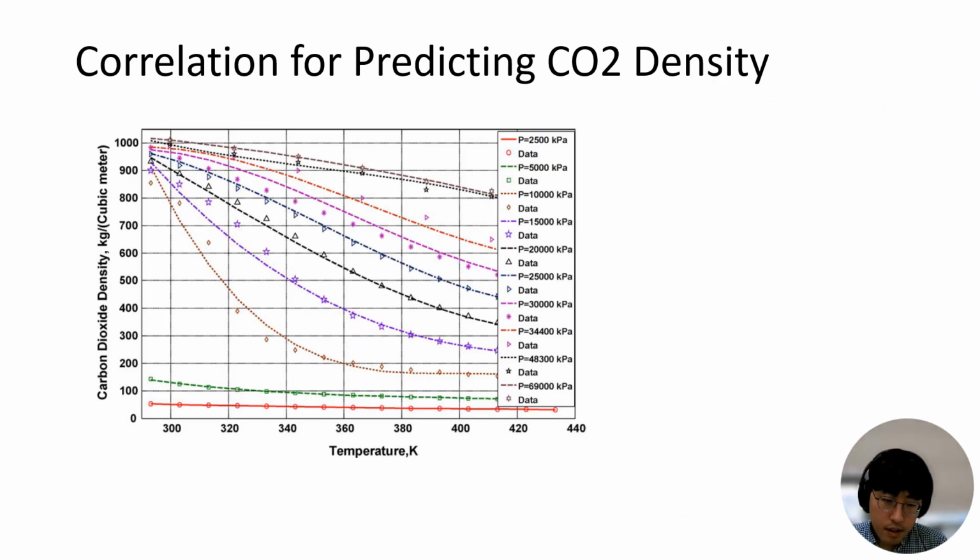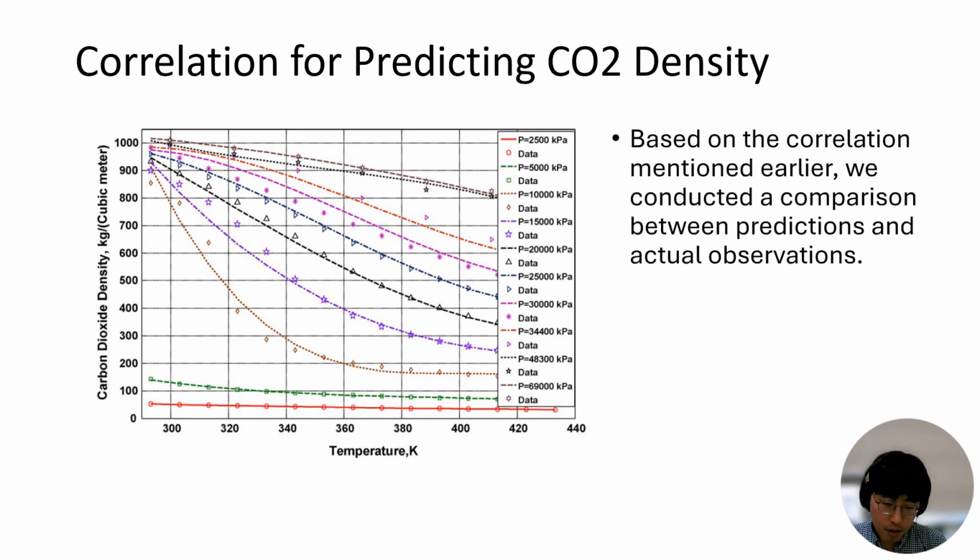And this is a comparison between the experimental data set and the correlation that we've just seen. All the lines are the result from the previous equation, and each color indicates a different pressure condition. The x-axis, again, is temperature.